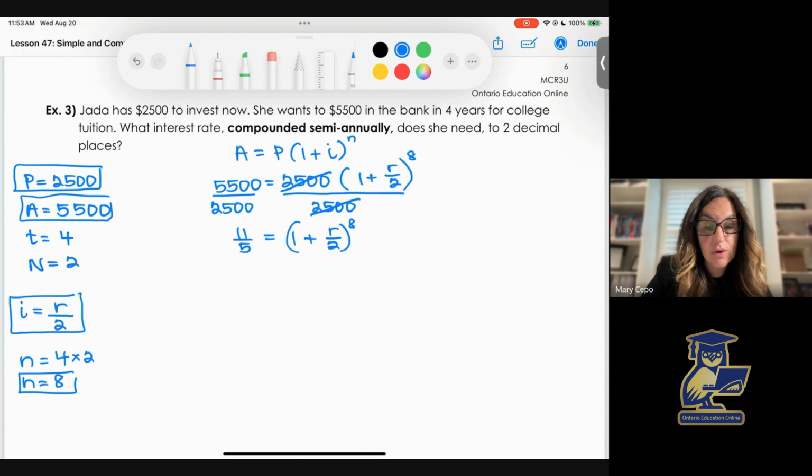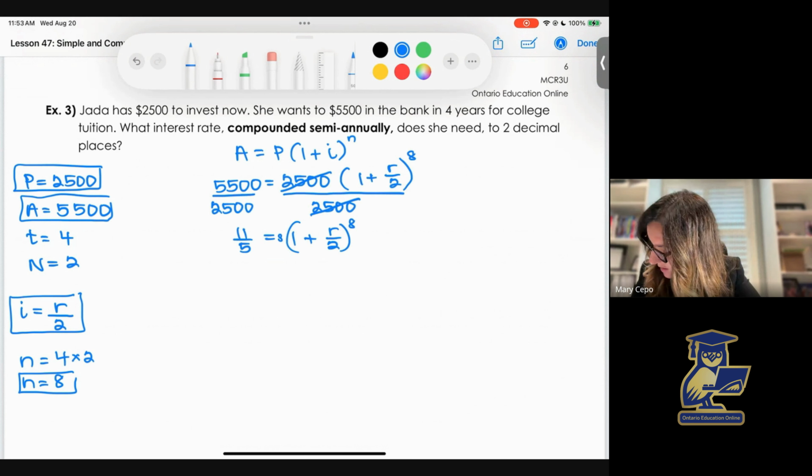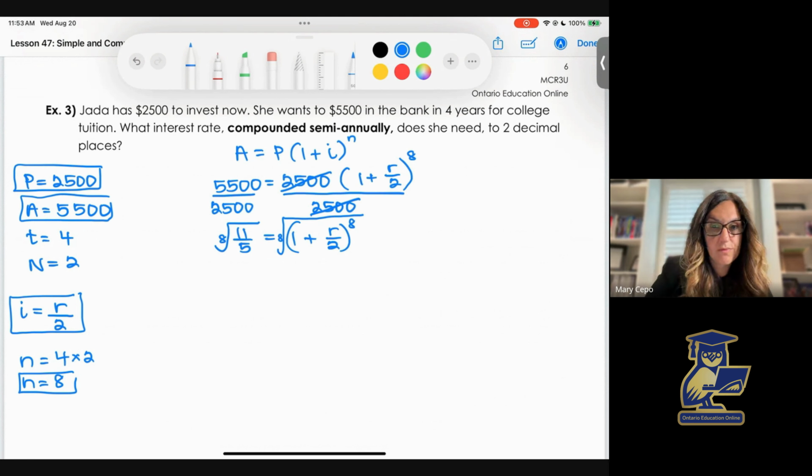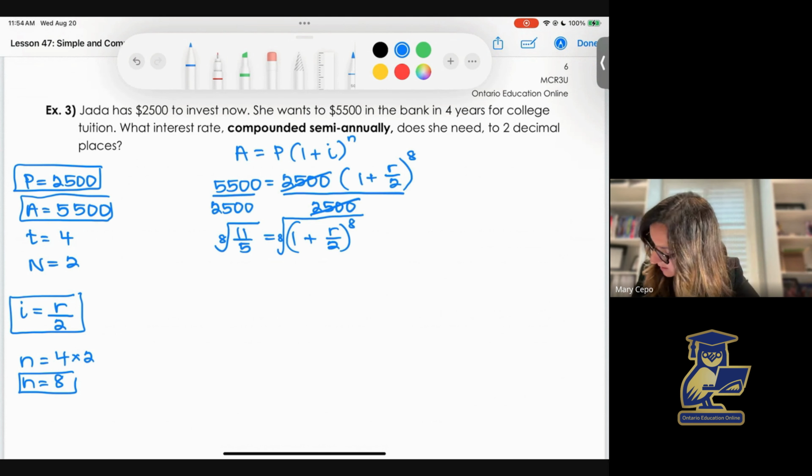Now we need to get rid of that exponent of 8. The only way we can do that is to take the 8th root. So we take the 8th root of this side, but what we do to one side, we must do to the other. 11 divided by 5 is 2.2, so the 8th root of 2.2 is equal to 1 plus r over 2.